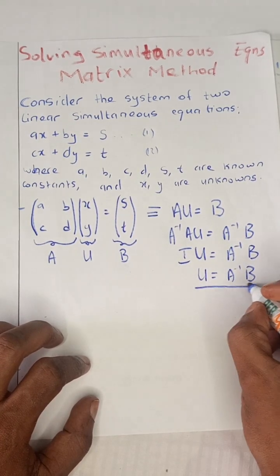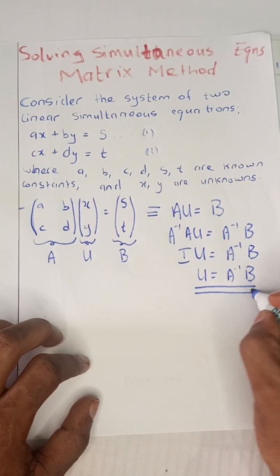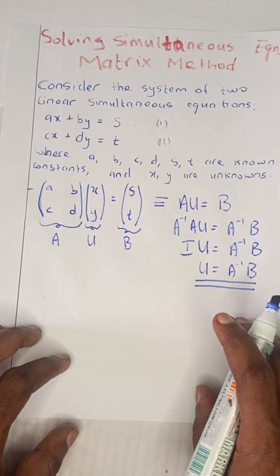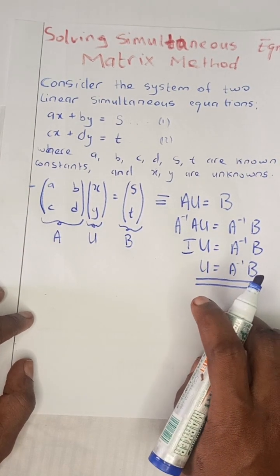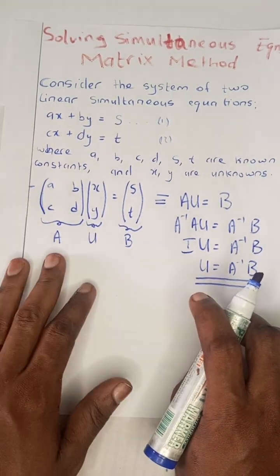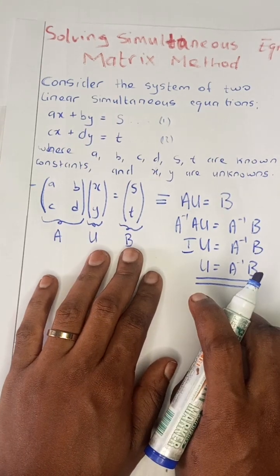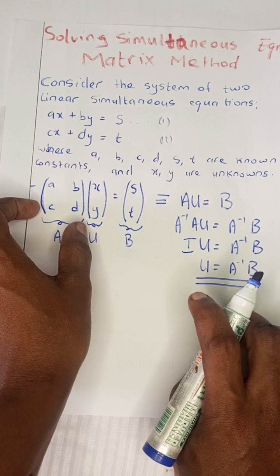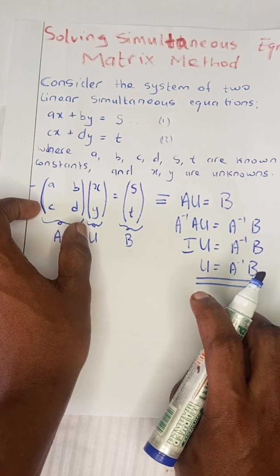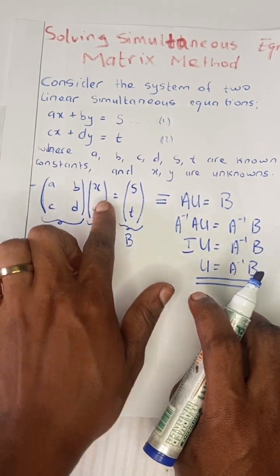And this is what we need to know because this is what we are going to be applying in solving our system. So when we have a system of linear simultaneous equations, first thing is to write it out in matrix form. That is, you bring out the first matrix A, the matrix of coefficients, and then the matrix U, the matrix of unknowns.